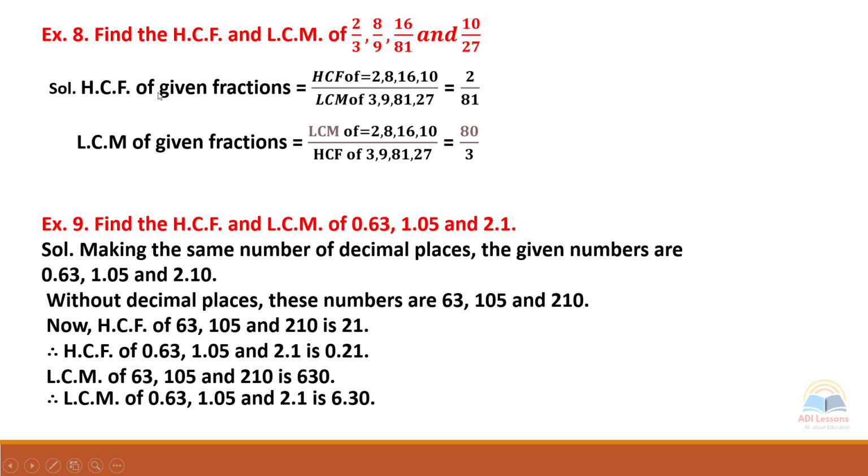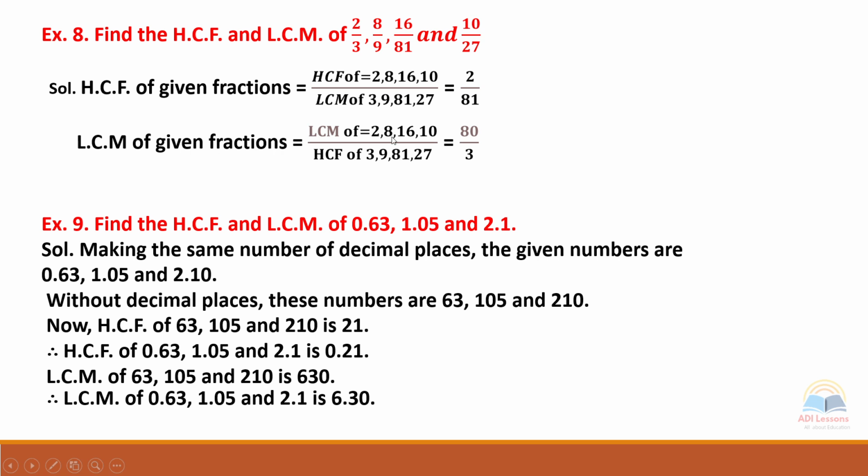So HCF of given fractions is equal to HCF of numerators by LCM of denominators. Here 2, 8, 16, 10 are the numerators, and their HCF is 2. 3, 9, 81, 27 are the denominators, and the LCM of the denominators is 81. So HCF of given fractions is 2 by 81. Also LCM of given fractions is equal to LCM of numerators by HCF of denominators.